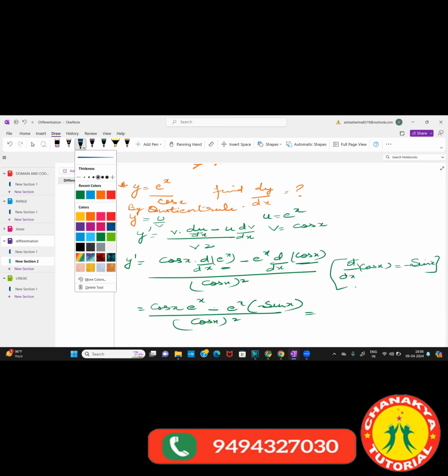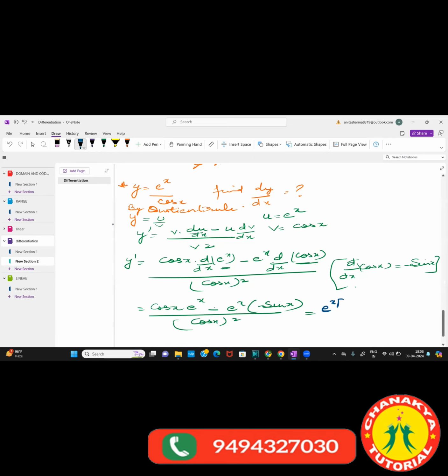So you will write, or you can take e to the power x common. It will be (cos x plus sin x) upon cos x whole square. Clear, beta? Jaswant, understood? Yeah. Okay, please note it down.